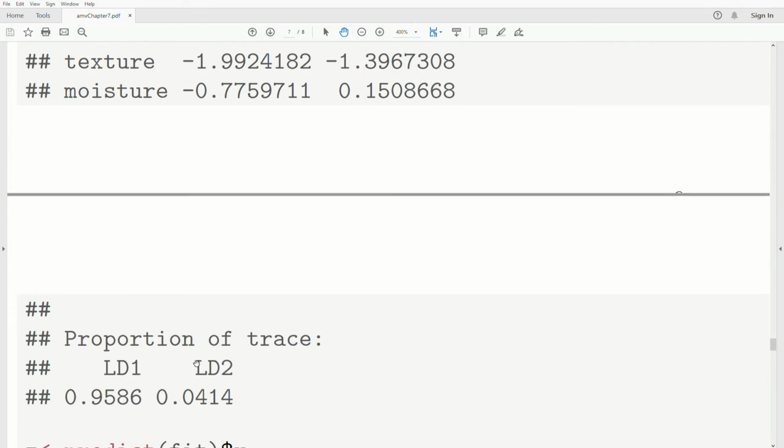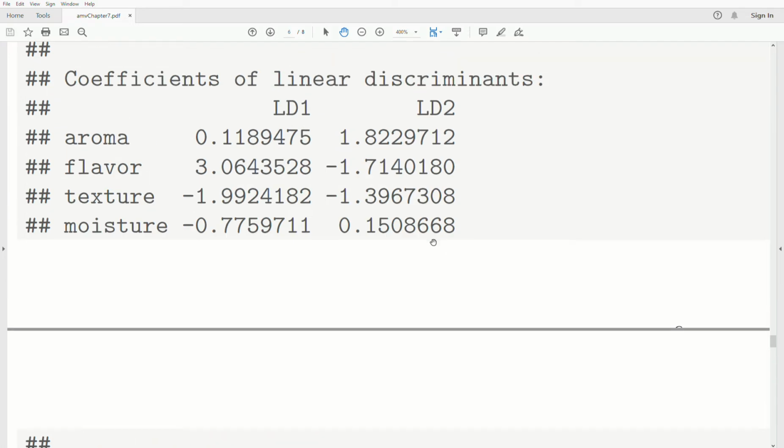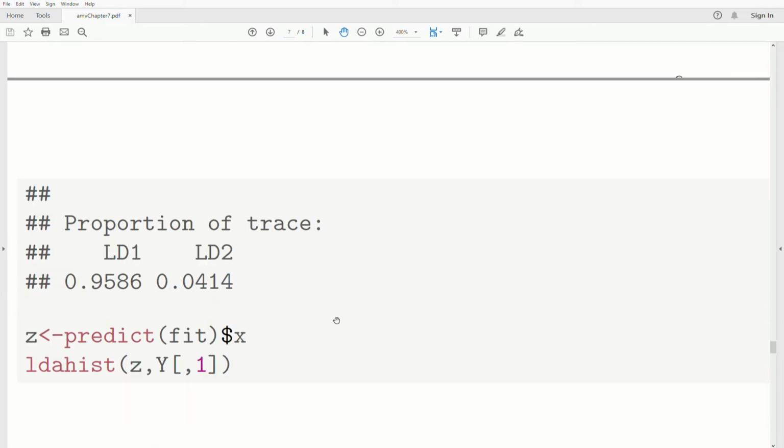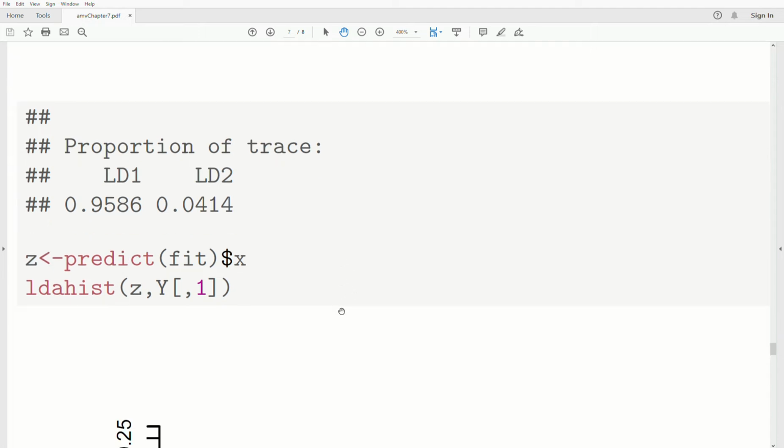But if you look at the proportion of the trace or the eigenvalues, this first linear discriminant function is 96% of the total. So we don't really even need the LD2 when we're discriminating between the group means. Now, that's not part of this video, but I wanted to highlight that. So we're only going to use one discriminant function.